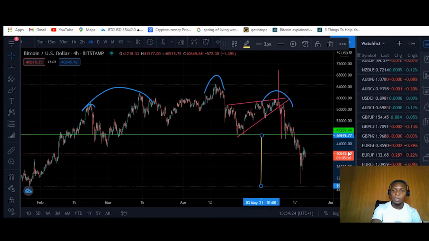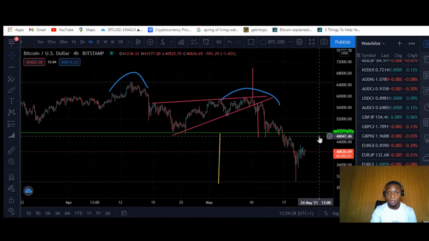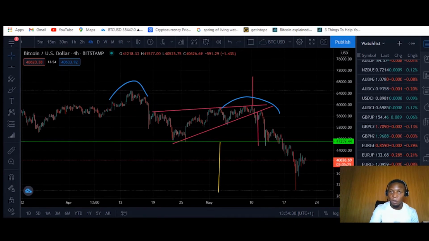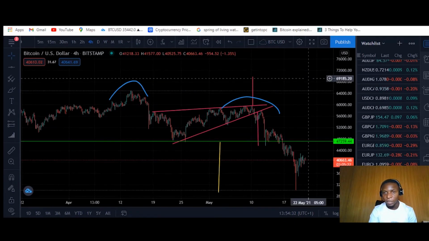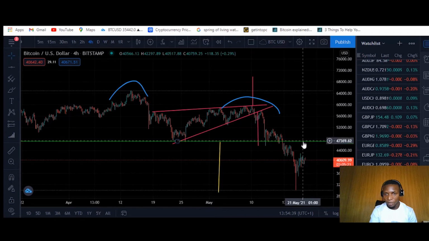And we were looking at this rising wedge or ascending triangle, saying that if it breaks upward, we are looking at a target of 68,000 to 69,000, and if it breaks downward, we're looking at $45,000.